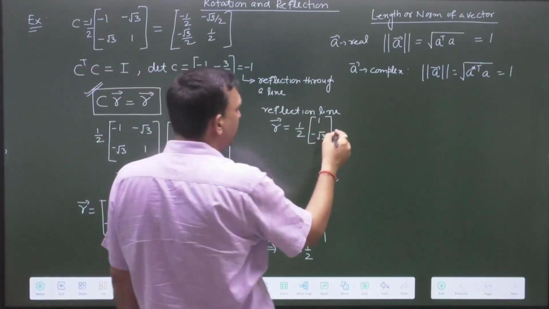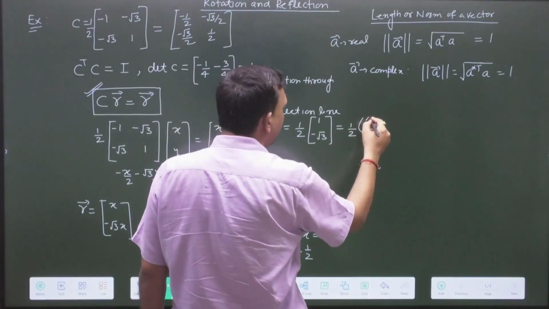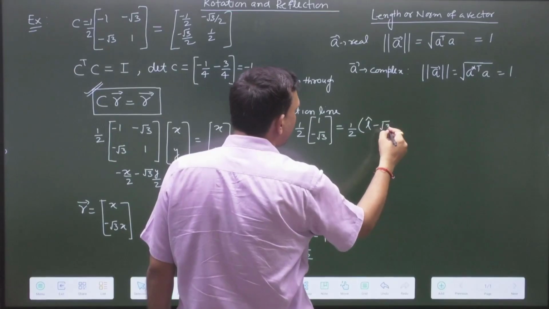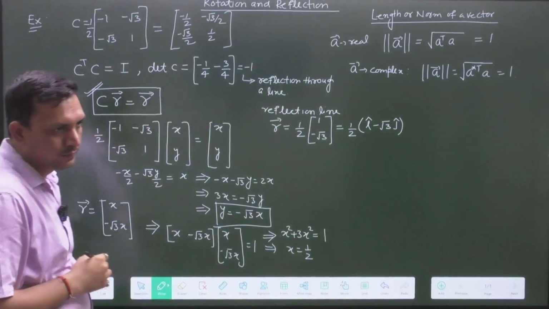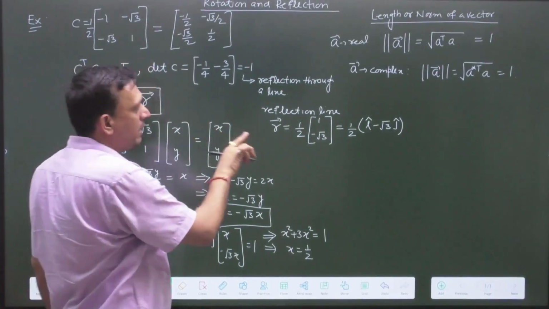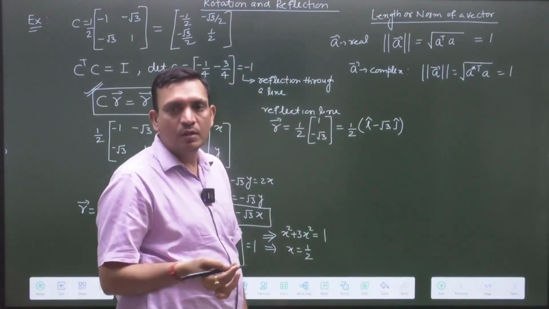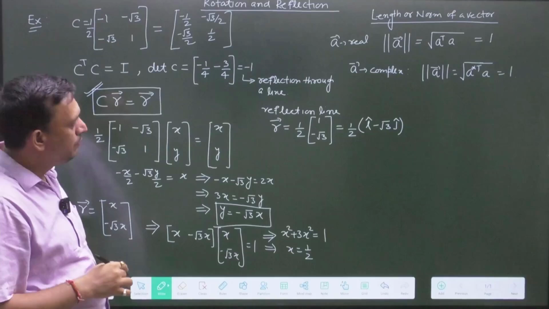And what will be the vector? The vector will be 1 by 2 i cap minus under root 3 j cap. This will be the reflection line. So if you operate matrix C along this line, it will not change the sign. So that is the line of reflection.